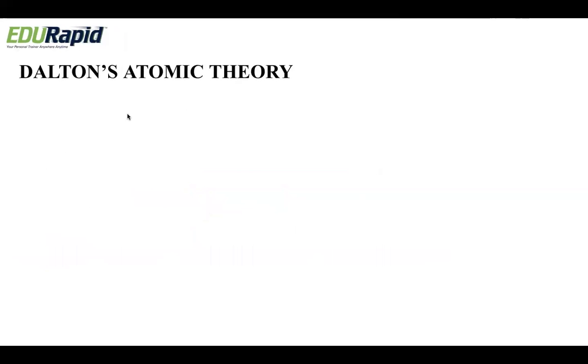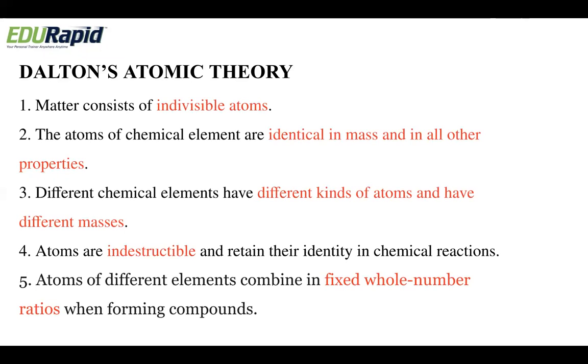We will now move on to the next very important topic, Dalton's atomic theory. We already studied some of the postulates of Dalton in atomic structure. Now we will study in detail the postulates of Dalton's atomic theory. He has given five postulates about the atom.